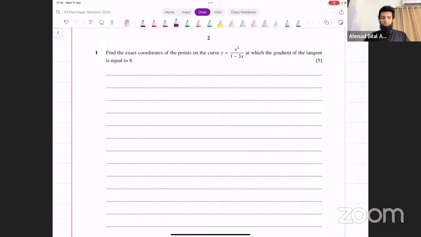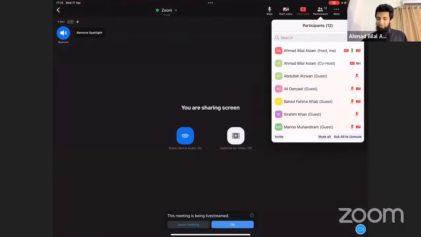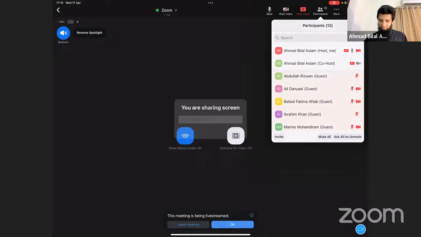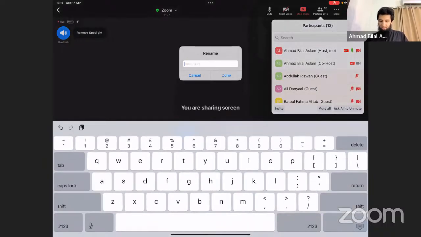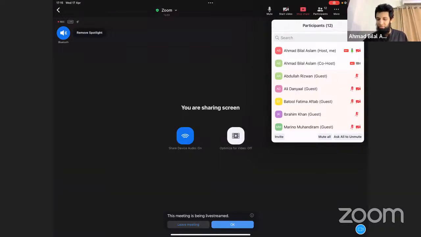Now, while we're doing questions, since this is our first P3 session, those of you who are not in any of the other sessions, let me just remind you. In the participants list, the account that says message here, if you want to send something to me in writing, if you want to send a message in the chat box, please make sure that you send that to this account.